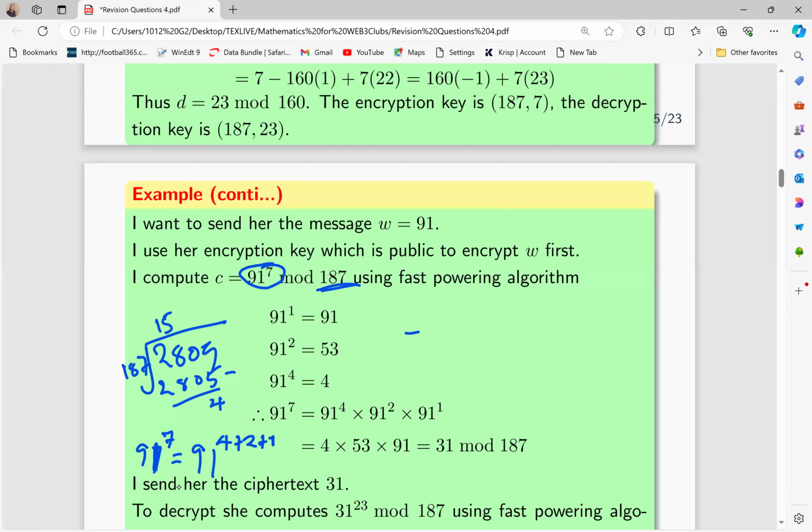This will be the same as 91 raised to 4 times 91 raised to 2 times 91 raised to 1, which is this step. But 91 raised to 4 is 4, 91 raised to 2 is 53, and 91 raised to 1 is 91. Now, using a calculator, what is 4 times 53 times 91?